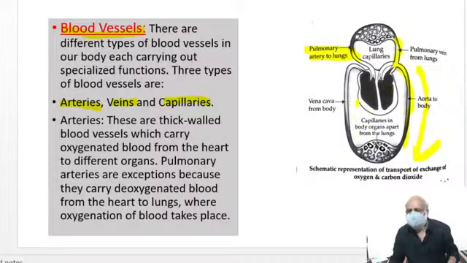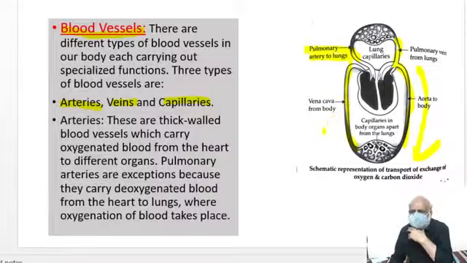Another vessel is the vena cava, veins, which collect blood from other organs and carry deoxygenated blood. Vena cava also has a valve which is unidirectional.